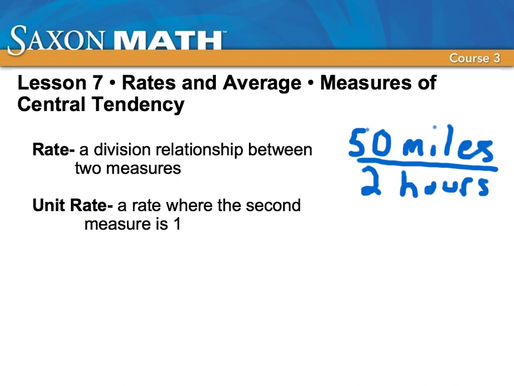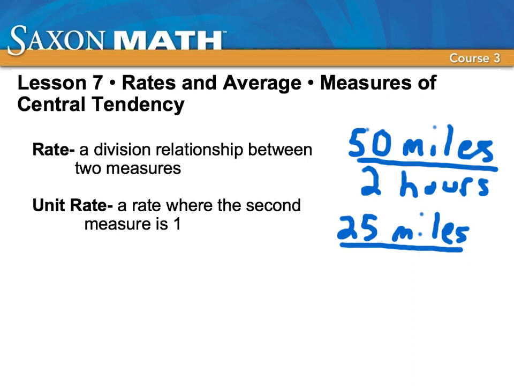A unit rate is a rate where the second measure is 1. So my second measure here is 2. Well, I can change this rate that I wrote up here so that it has a second measure of 1 by simplifying this fraction. Well, 50 divided by 2 is 25 miles.